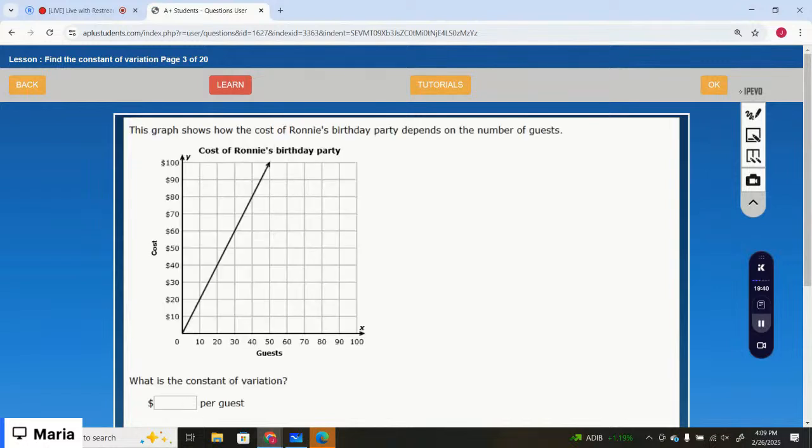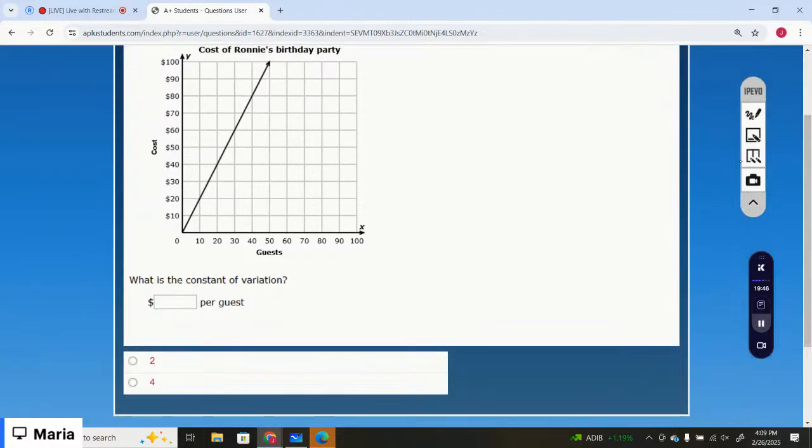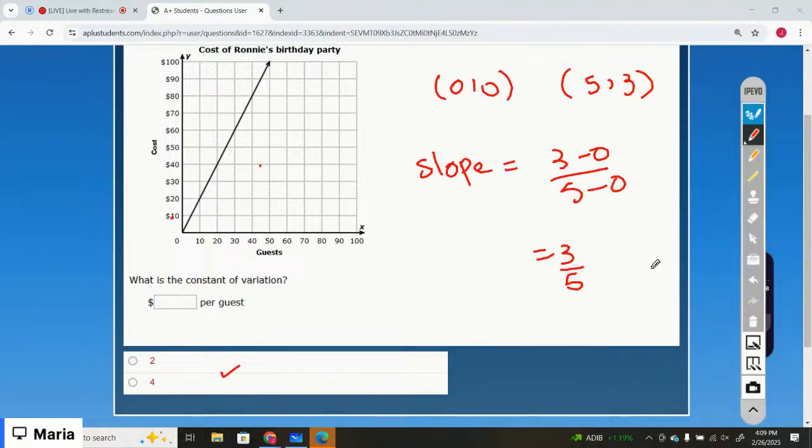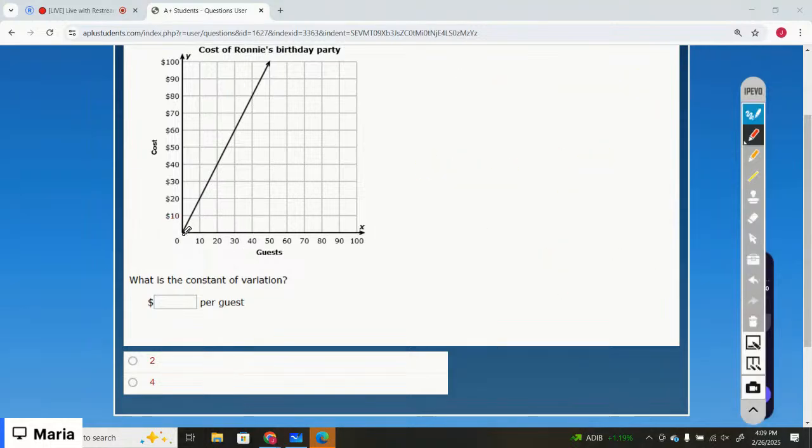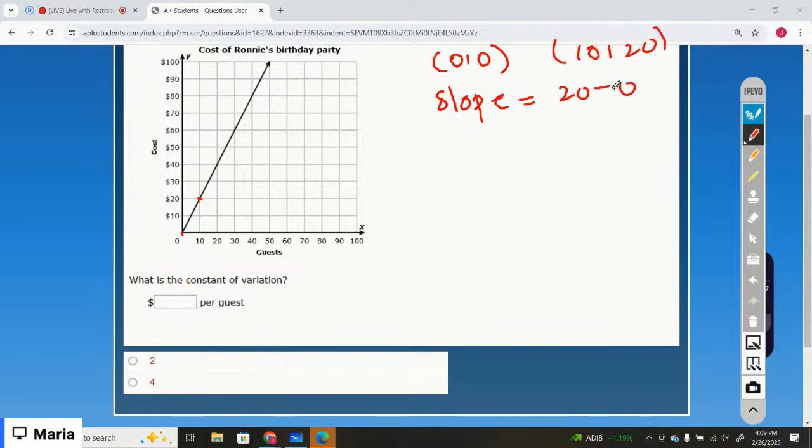The next one is the graph shows how the cost of a birthday party depends on the number of guests. What is the constant of variation? So just select any 2 points on the graph, use the slope formula and calculate the slope. So slope equals change in y divided by change in x. The points are 0, 0 and 10, 20. So that is 20 minus 0 divided by 10 minus 0.